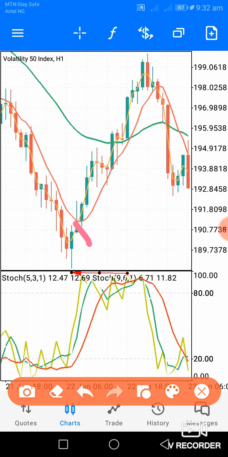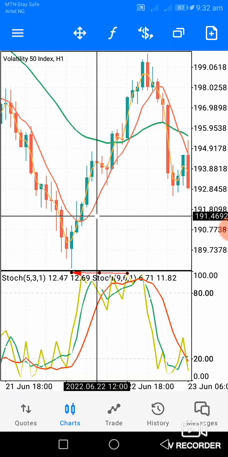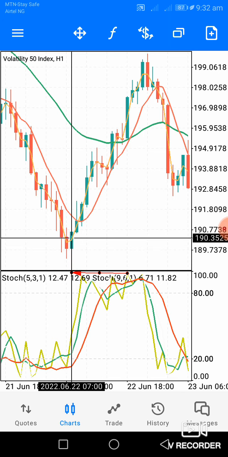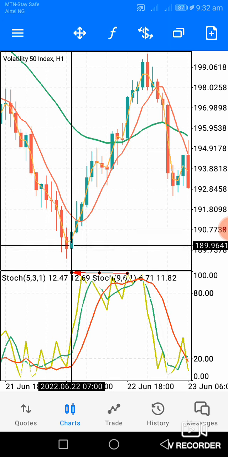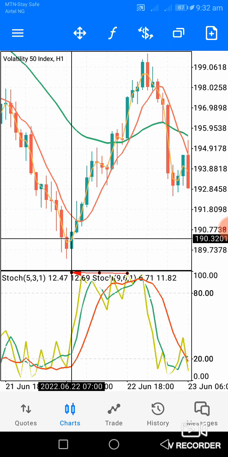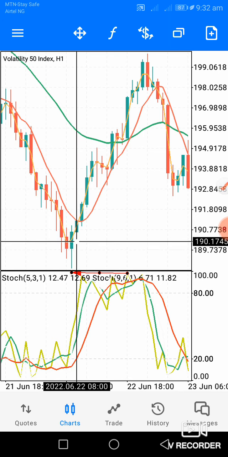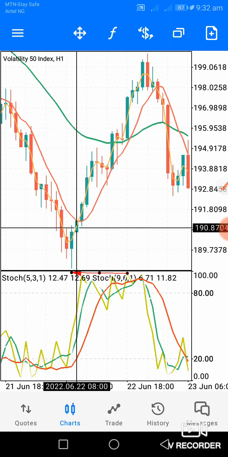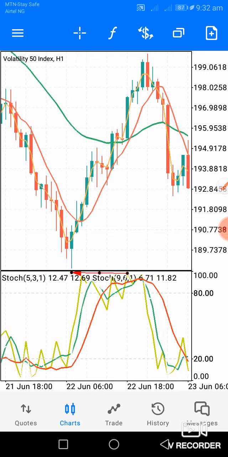Our two moving average needs to be what? It needs to be below the bullish candle. Can you see it? It's below the bullish candle. Then we know that this market is surely soaring high.